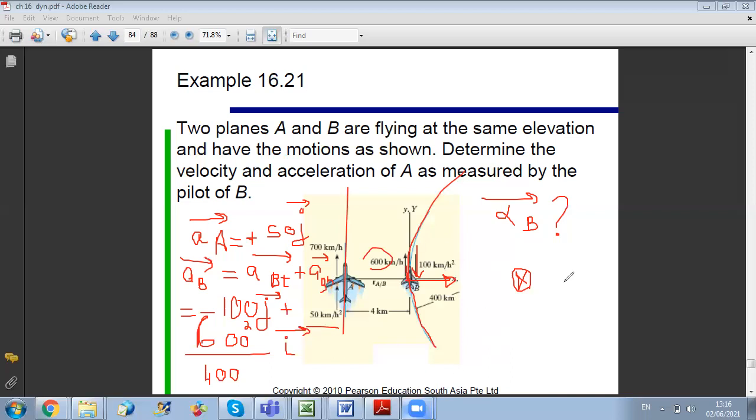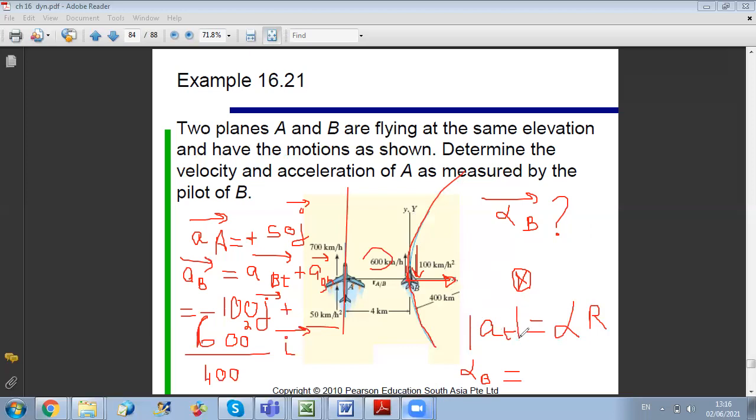So you know that in circular motion, you have that AT is equal to alpha times the radius. So I can say that alpha B as magnitude is AT over R. So I will take the absolute value of the tangential acceleration.